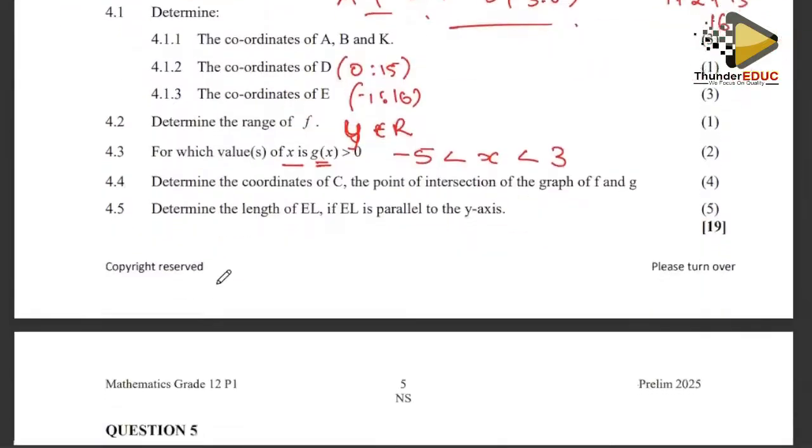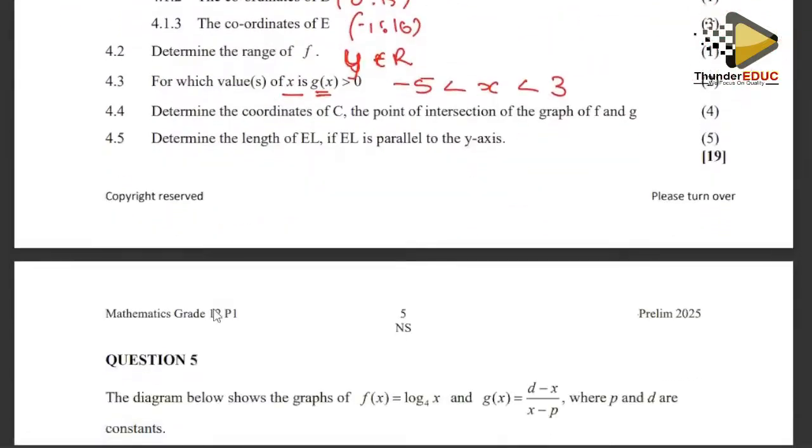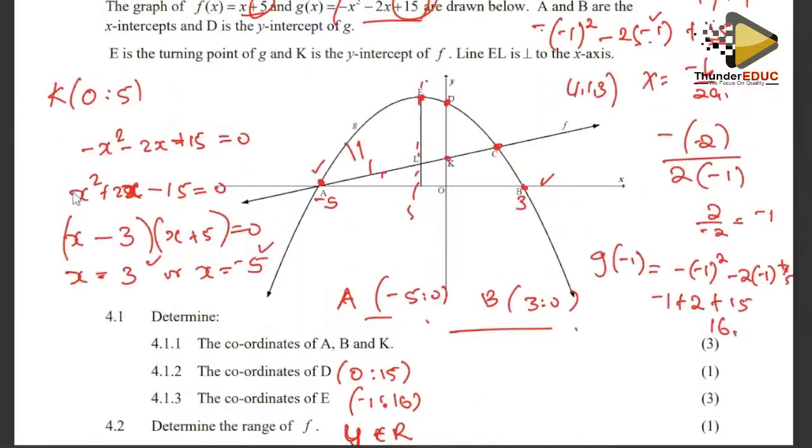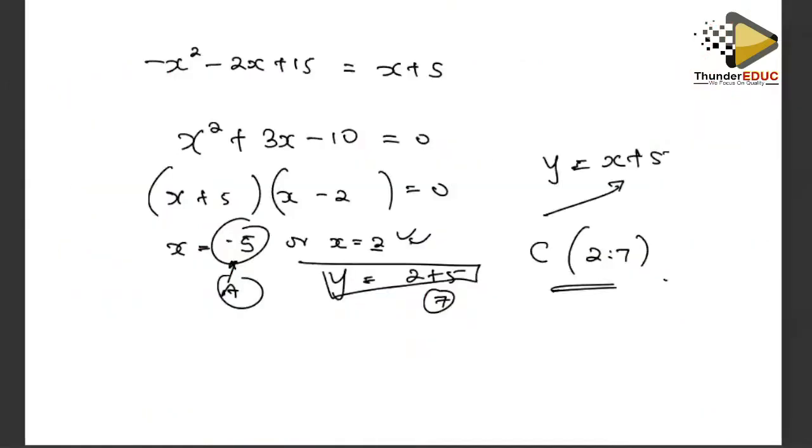Then 4.5, determine the length of EL if EL is parallel to the y-axis. So we know that at this point, x is negative 1. And for us to get EL, it's just the difference between the graphs, so G minus F. So we're going to say G of x minus F of x.